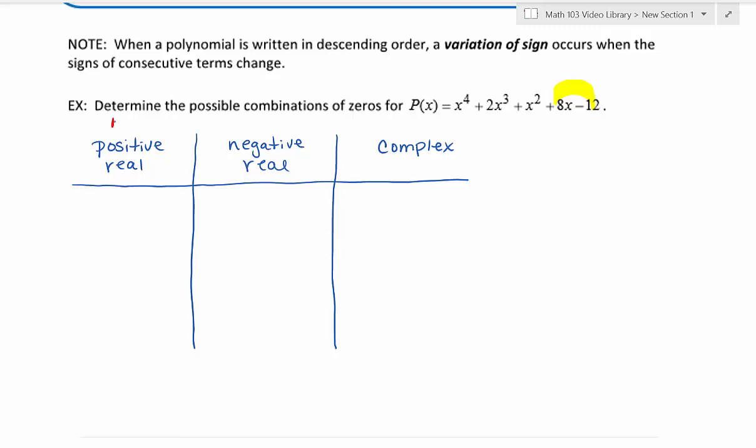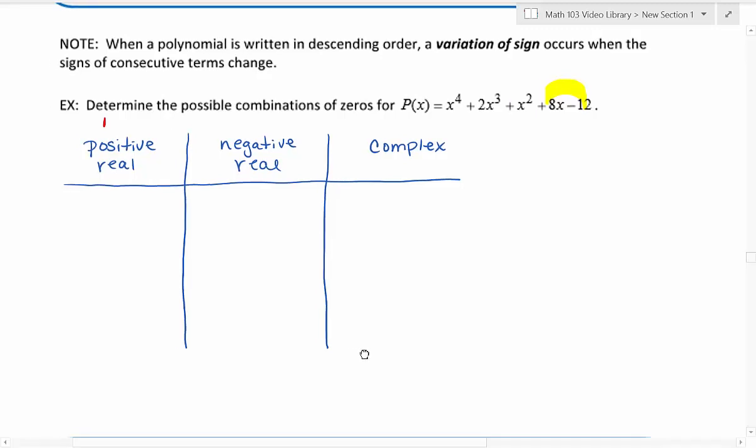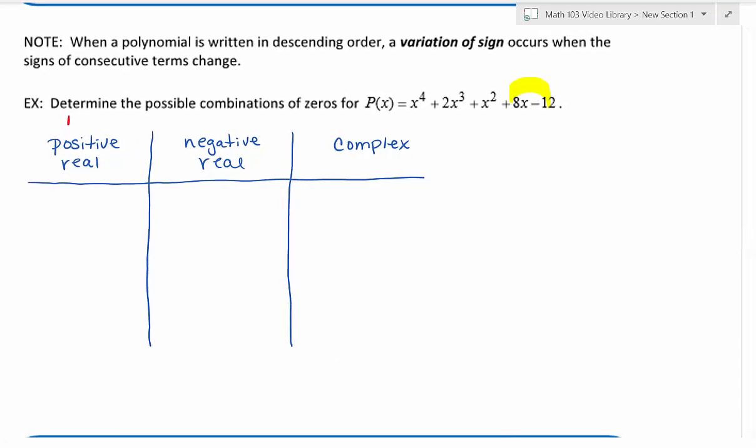Now we have to talk about the options for negative real zeros. Descartes' rule of signs says that the number of negative real zeros is equal to the number of sign changes in p of negative x or less than that by a multiple of 2. So we need to find p of negative x.